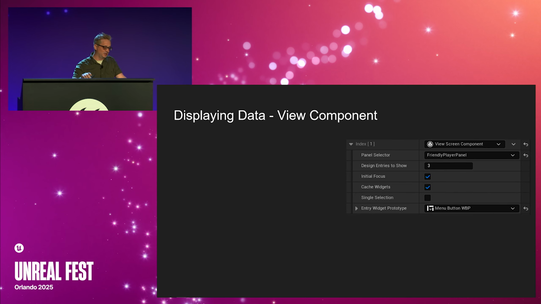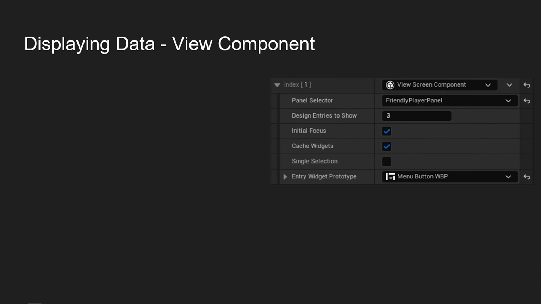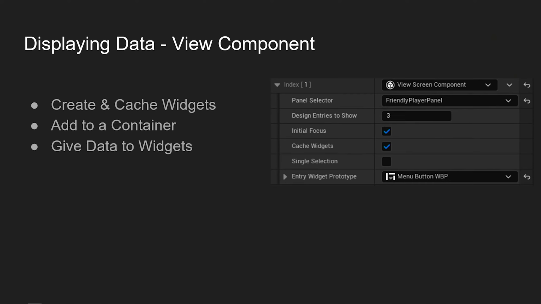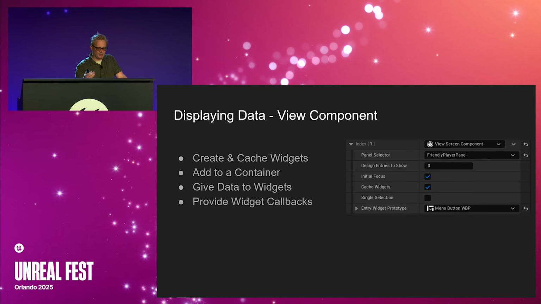All right, we've got to display our data, so we're going to make something called a view screen component. What this is responsible for is creating and caching all of our widgets, and adding them to a container that we choose. It gives data to widgets, and something we found helpful is that it provides delegates for when any widget that it created is hit, like if somebody clicks on a widget or hovers over it.